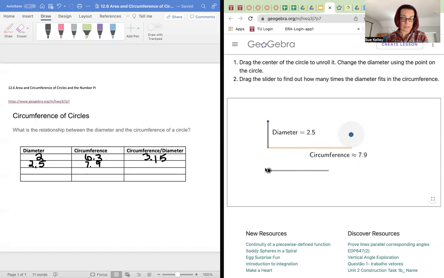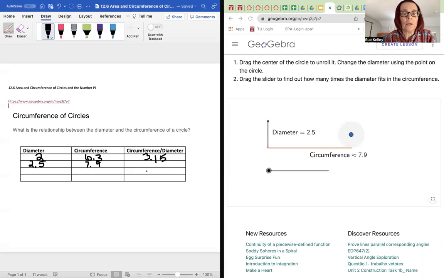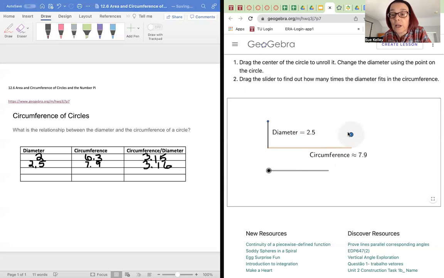It's going to be a consistent relationship. 7.9 divided by 2.5, and I get 3.16. So kind of close, a little bit different, but very similar. 3 and a little bit, 0.16.